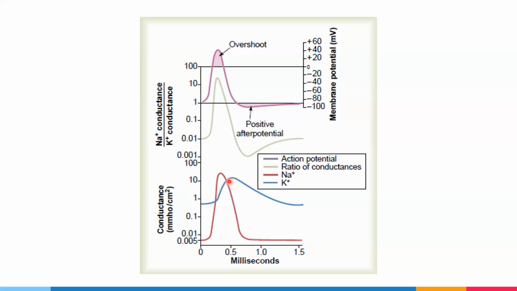And as the potassium conductance increases, the sodium simultaneously decreases. Potassium conductance reaches a peak, after which potassium channels also start to close, which gradually drops the conductance back to the initial resting levels. This was the conductances of sodium and potassium during the action potential.